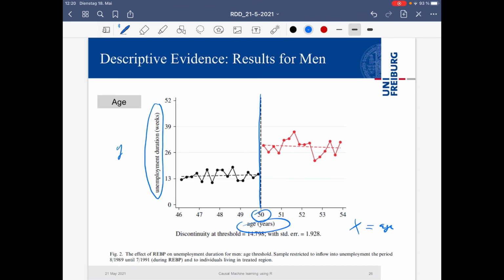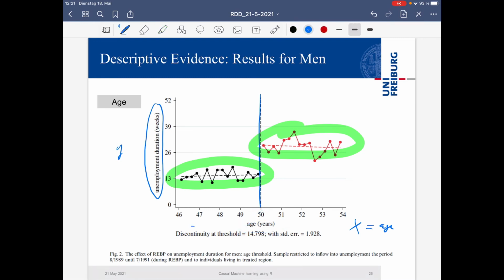What you see here is that on average there are 13 weeks of unemployment duration before, and on average, let's say 26 weeks of unemployment duration after the jump. So visually, we can see the discontinuity. And the discontinuity at the threshold is almost 15 weeks.